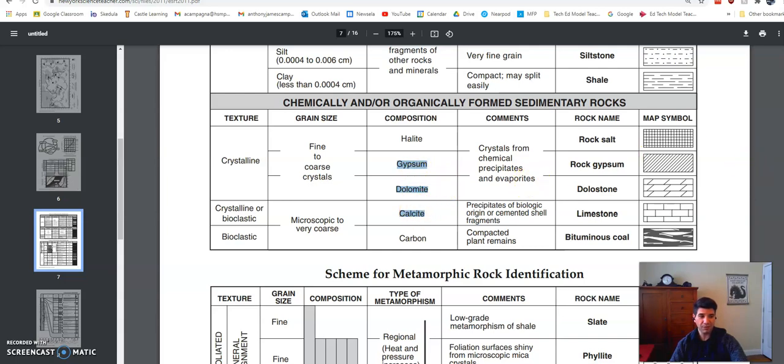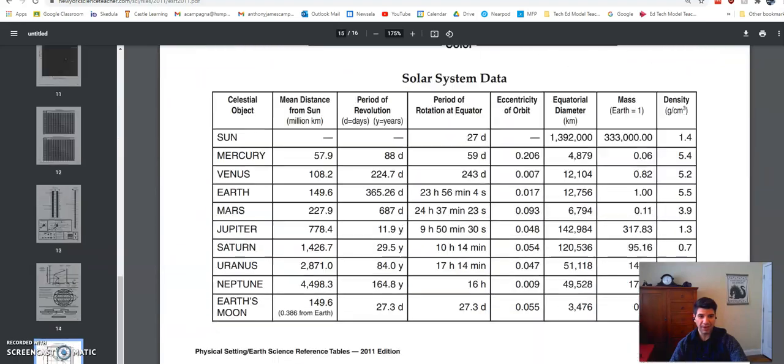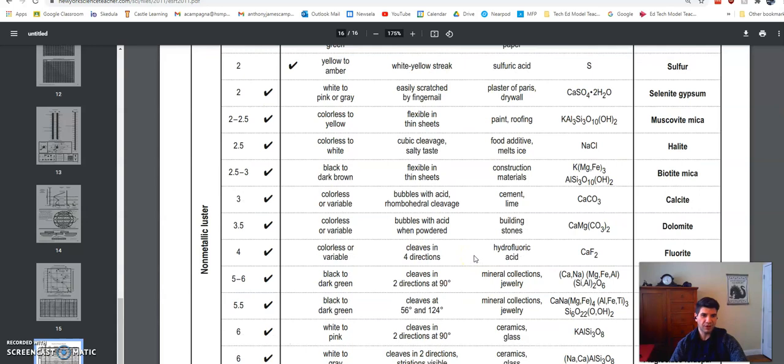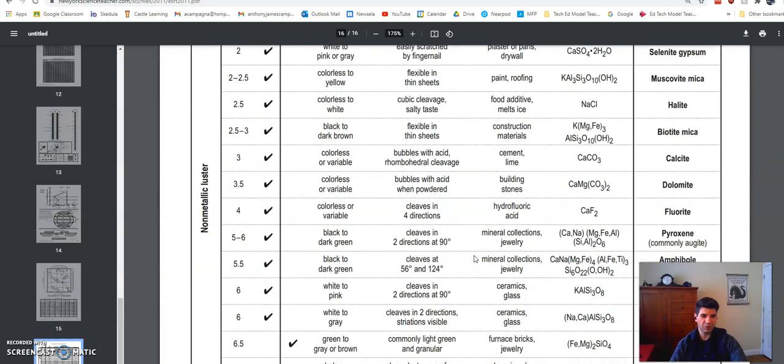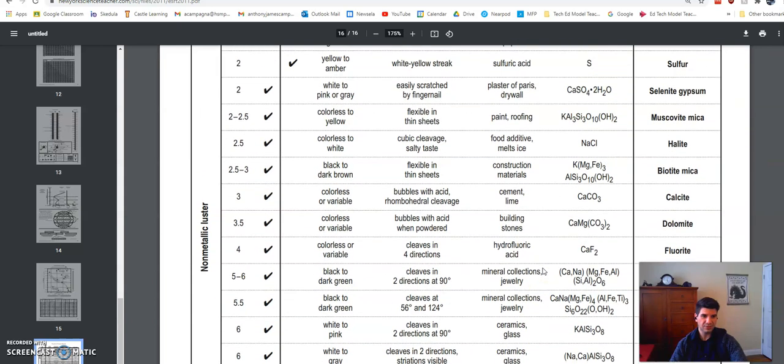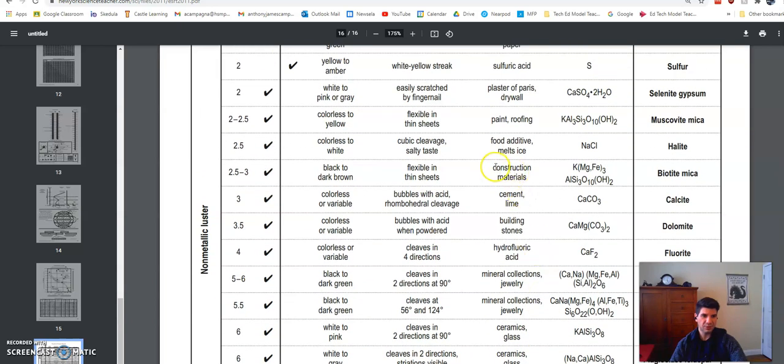Now, if you didn't remember that, you can easily go to the ESRT back page and just look through here. Find one that is used for the walls for your house. Oh, I see construction materials, but that's biotite mica. That wasn't a choice.